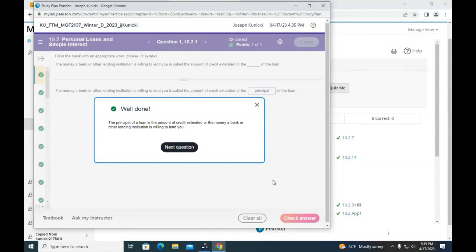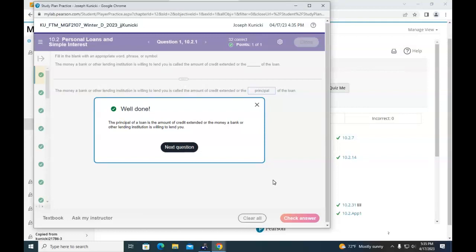The simple interest formula, I think it's on the sheet also. Some of these are written down for you, but it's okay if I do it again. It's between C and D, and E has a simple interest formula.